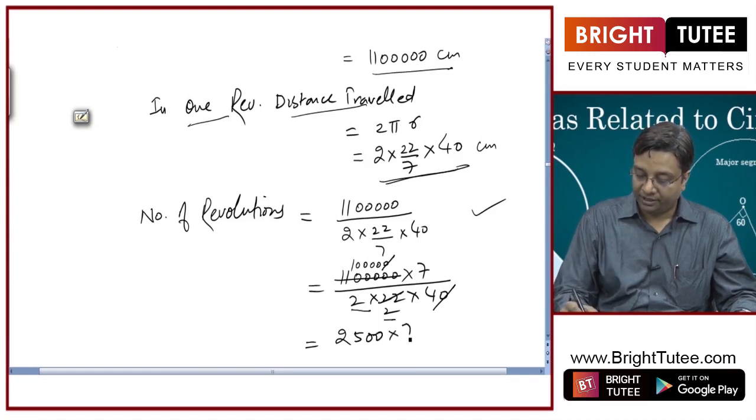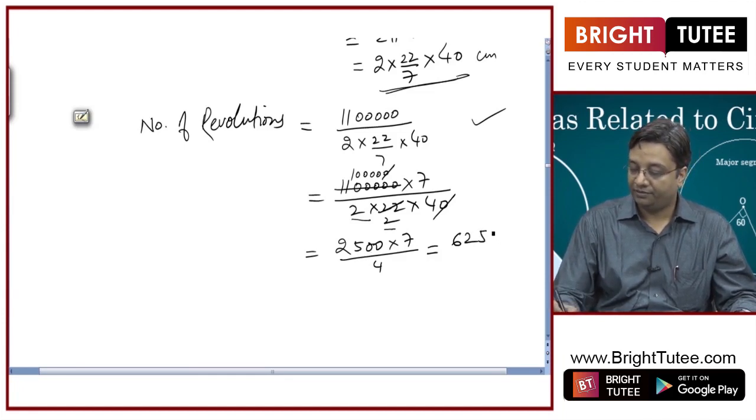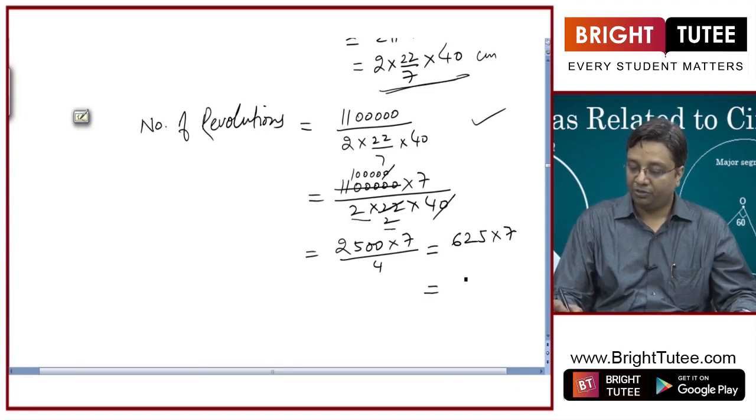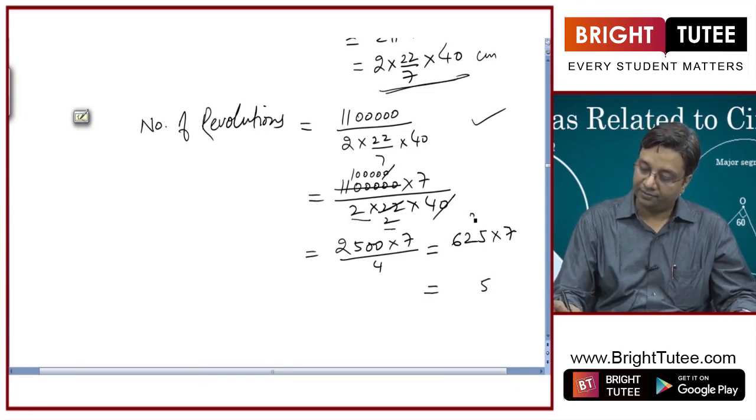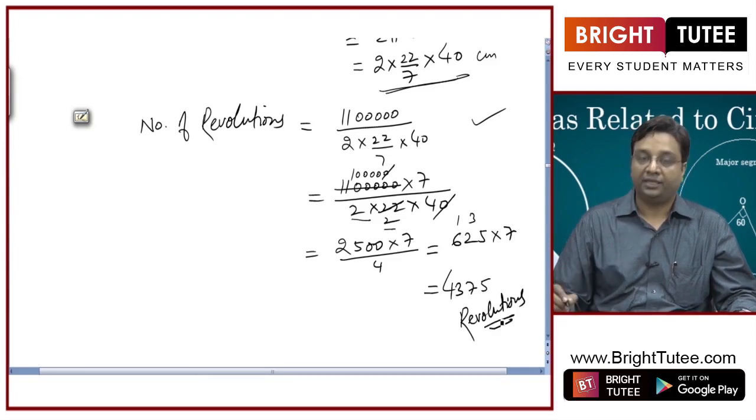2500 into 7 divided by 4. So this can further be divided by 4. 625 into 7. Now you multiply these. 4375 revolutions in 10 minutes.